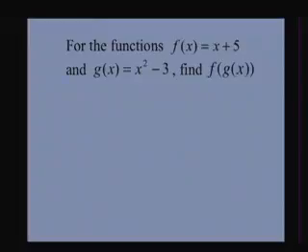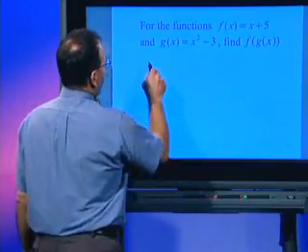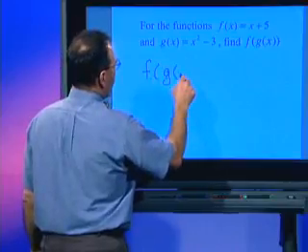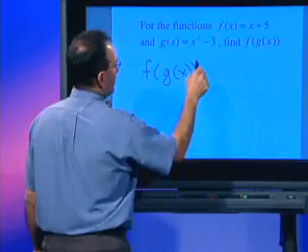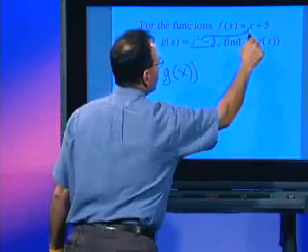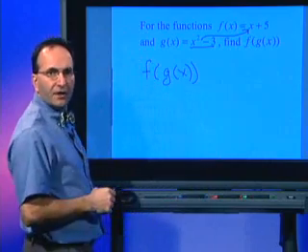I think the best way to see this would be to do an example. So for the functions f of x equals x plus 5 and g of x equals x squared minus 3, we want to find f of g of x. What that looks like is to take g of x, which is x squared minus 3, and substitute it in for x here.